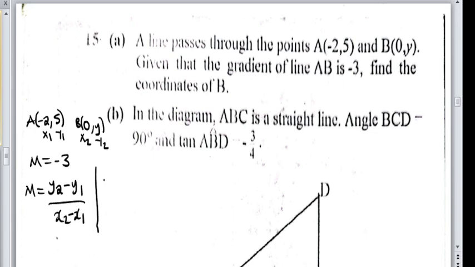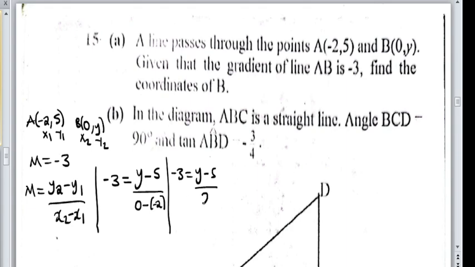Gradient negative 3 is equal to, what is y2? y2 is y, y1 is 5, then x2 is 0, x1 is negative 2. Then from there, negative 3 equals y minus 5 over, negative times negative is positive, 0 plus 2, that's a 2.